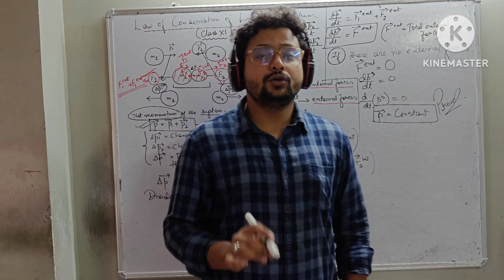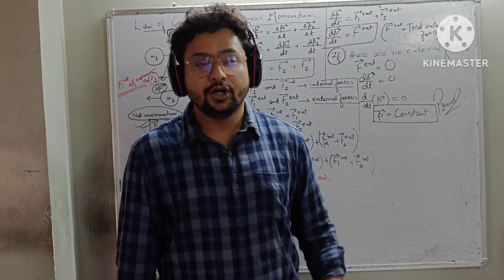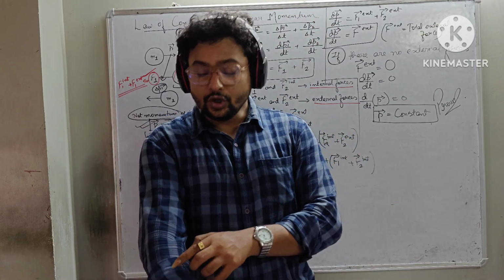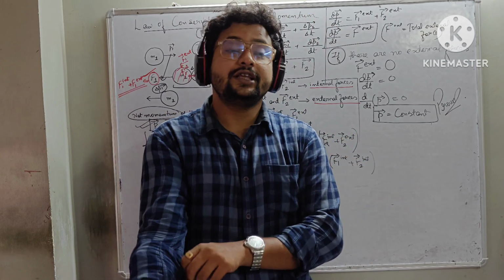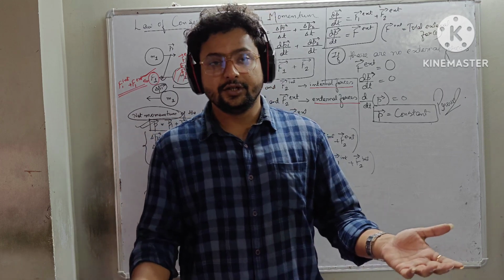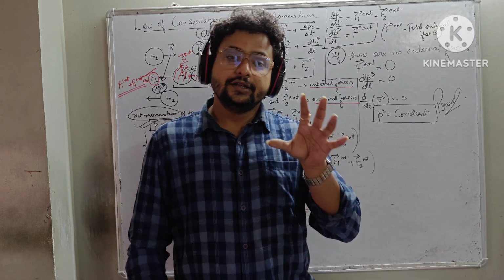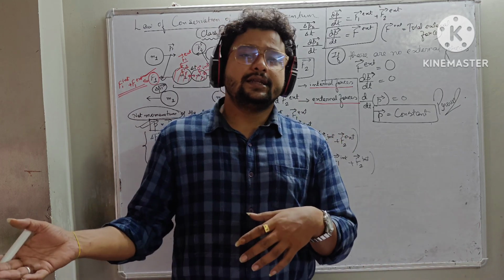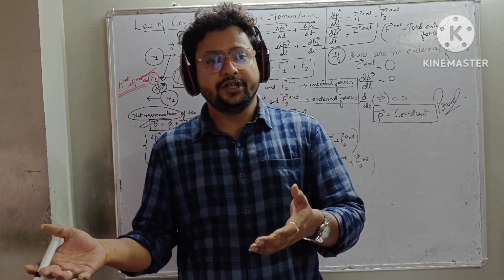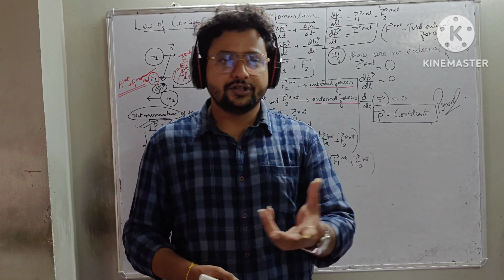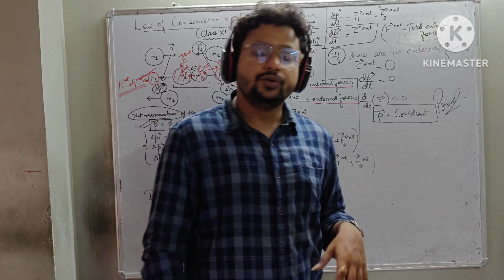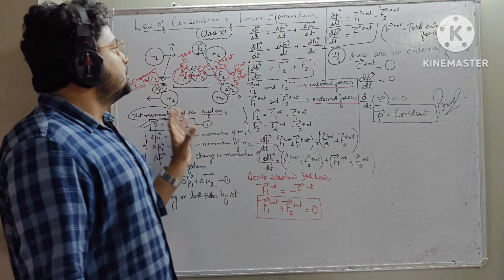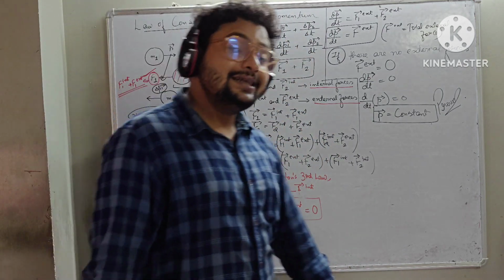This is very similar to the law of conservation of energy. Whenever energy converts from one form to another, if there are no losses of energy, then the total mechanical energy, that is kinetic energy plus potential energy, remains constant. That is the law of conservation of mechanical energy. I hope you know. So that was the law of conservation of linear momentum.